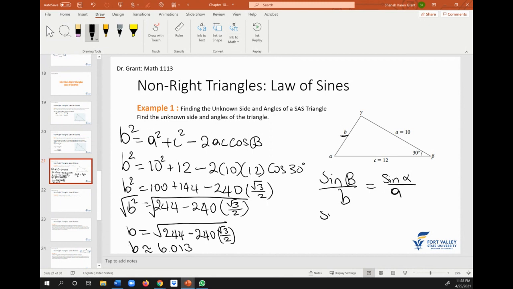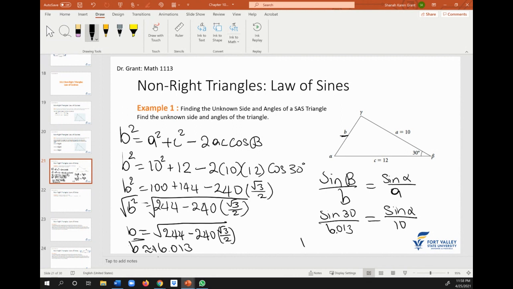So beta is 30. And we recall that when we take the square root of a number, we take the plus or minus, but because we're talking about distance, we took the positive value here. All right, so now b for us is going to be 6.013, and that's going to be equal to sine of alpha, we don't know what alpha is, divided by a, which is 10. We can cross multiply.